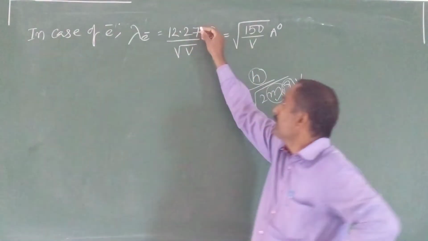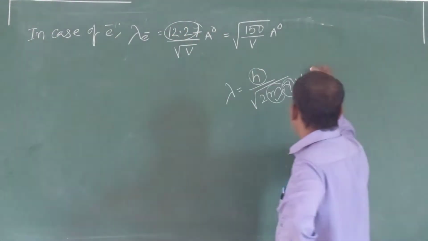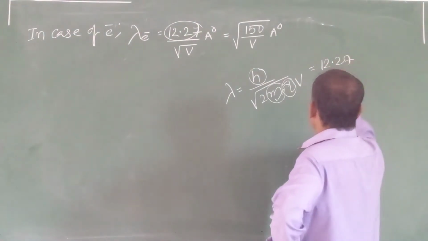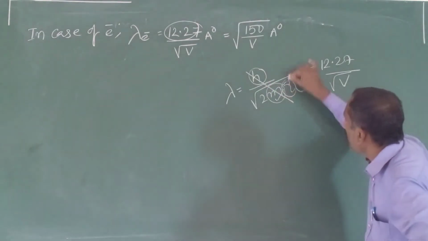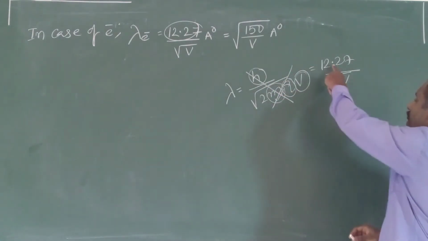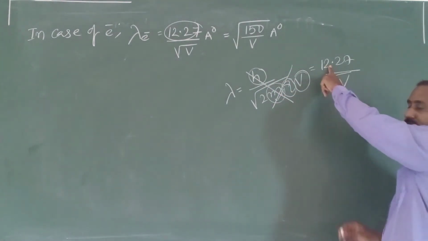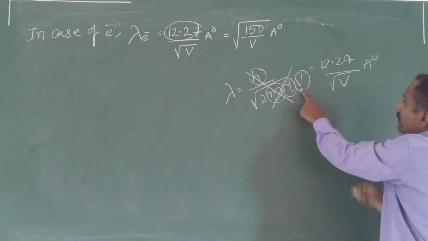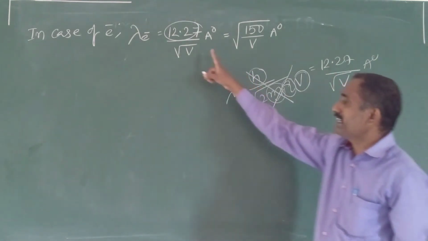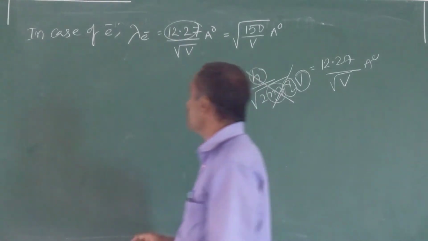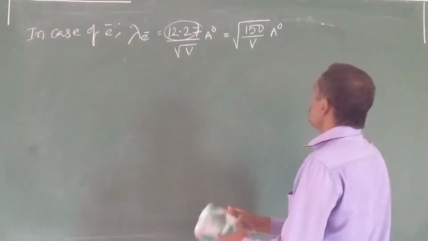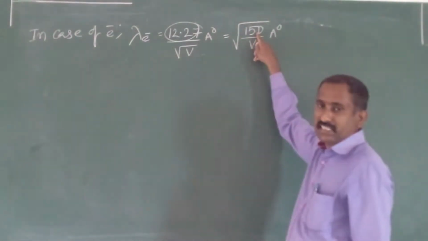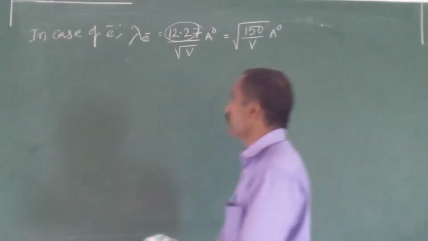After converting, the numerator part is 12.27 and the denominator part is root V. So after substituting all the constant values, finally you will get 12.27 in angstroms, with denominator root V. Hence you should remember this formula directly: in the case of an electron, 12.27 by root V angstroms, otherwise the square root of 150.